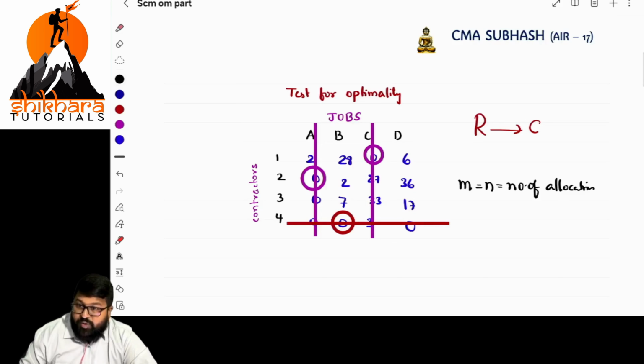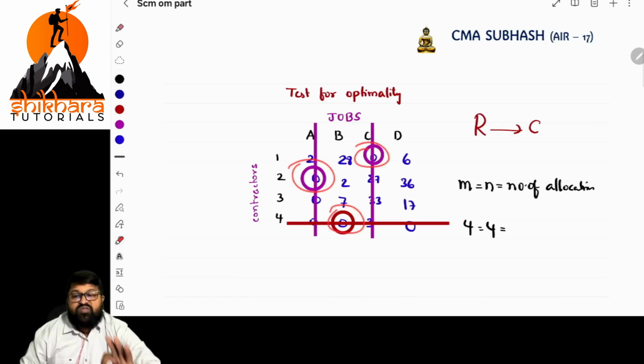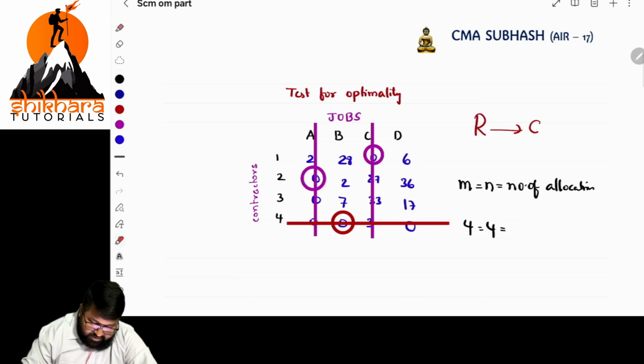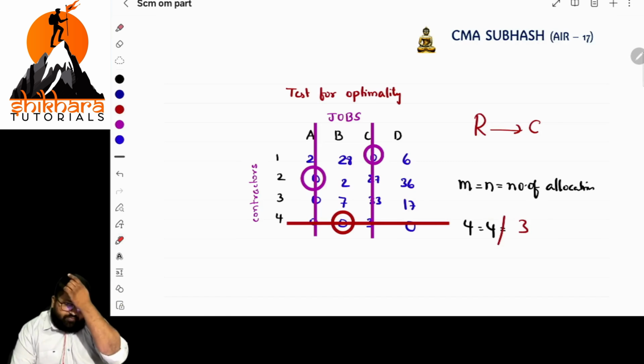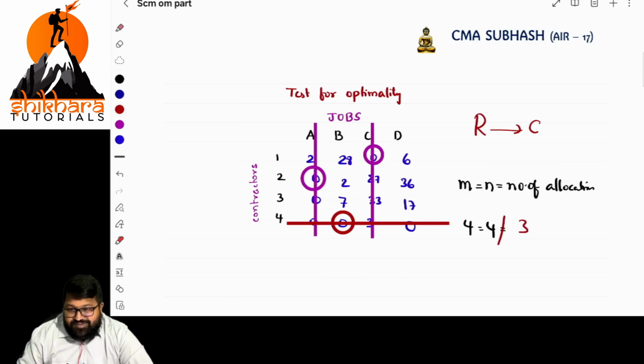No. The reason is, how many rows are there? 4 rows. How many columns? 4. But the number of allocations made is only 3: 1, 2, 3. So m equal to n equal to the number of allocations is not satisfied. Then go for the improved matrix. What is that, sir? Improved matrix.